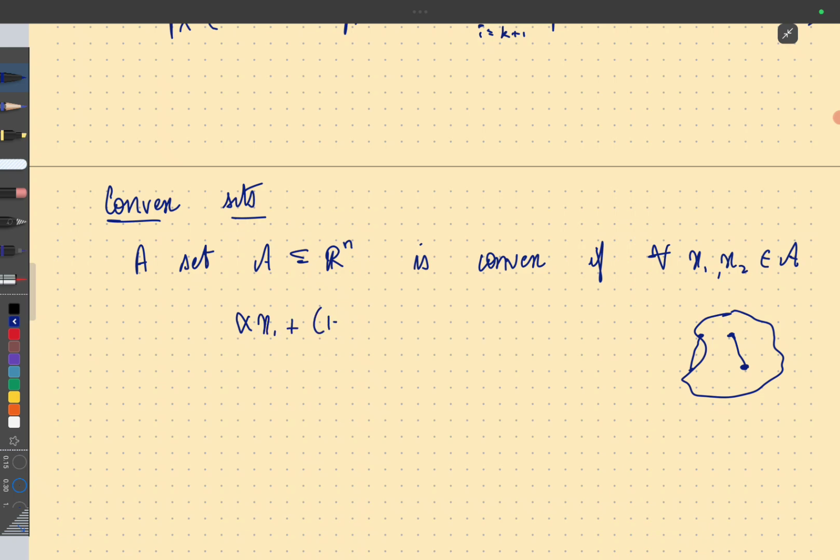So alpha x1 plus (1 minus alpha) x2 belongs to the set A. And any combination of the form alpha x1 plus (1 minus alpha) times x2 for alpha ranging between 0 and 1 is called a convex combination. Geometrically, this represents the straight line, or the line segment, that joins these 2 points.